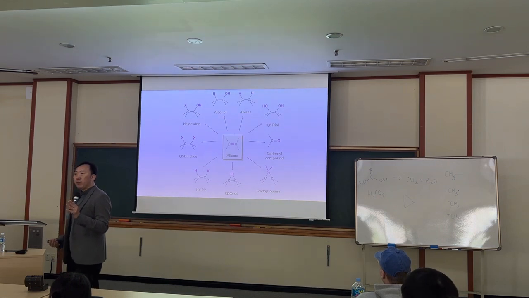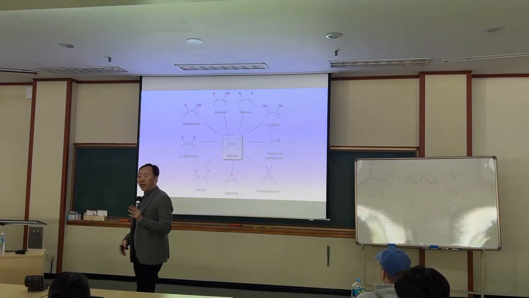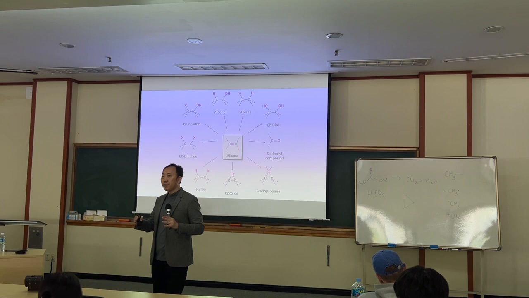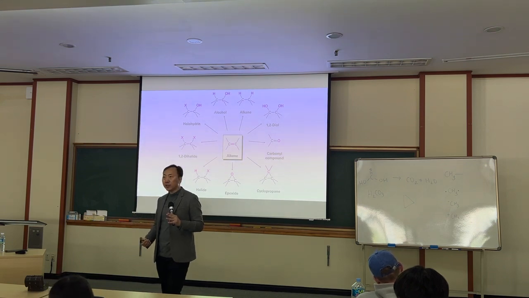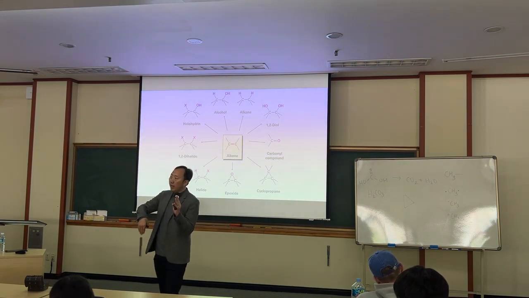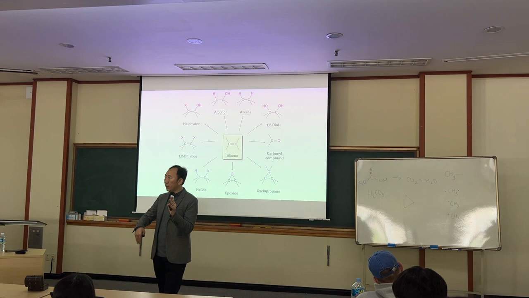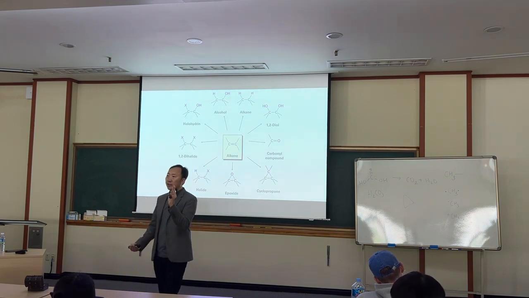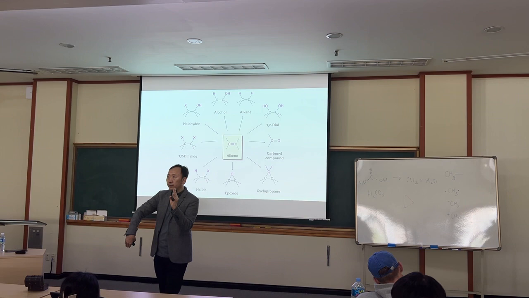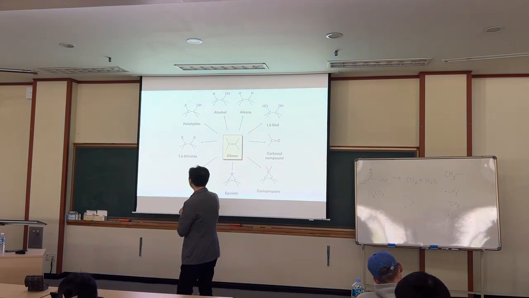Okay. And if you have water there, then only the first activation happens. The second attack is done by water. Then halohydrin, a halo hydroxyl compound. One halo, one hydroxyl compound. Is it anti or syn? It's anti because this is also a cyclic intermediate and it is attacked from behind. Anti-addition. Okay, that's what we learned here.